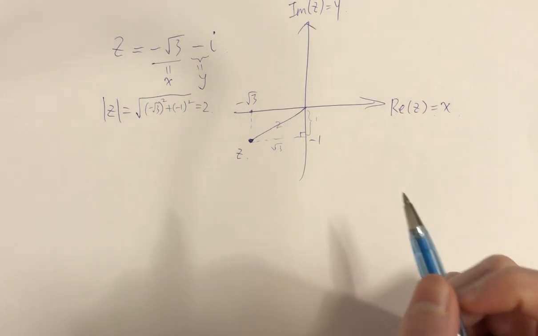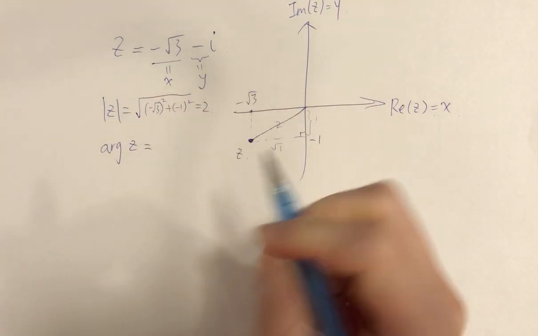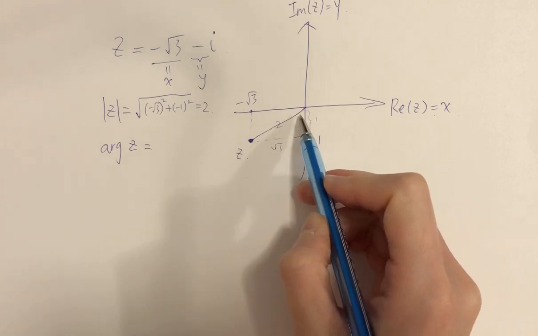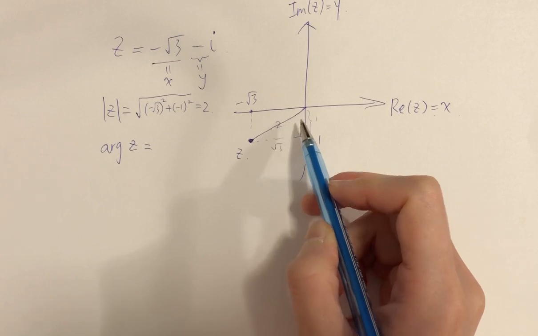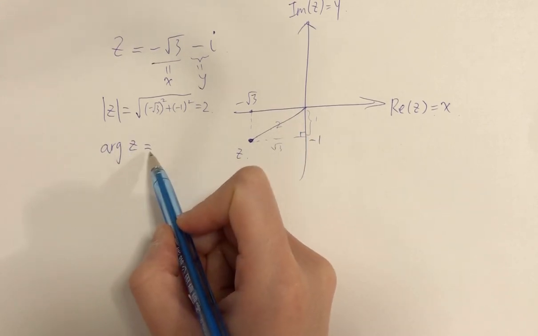So another thing is called the argument of a complex number. That just means what kind of angle this complex number corresponds to. And one thing to know is that this argument is not unique, right?